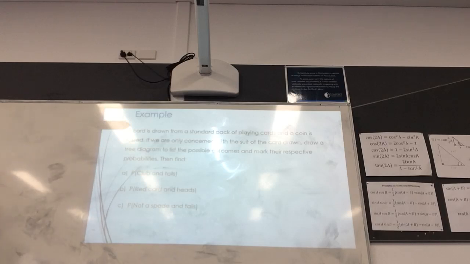Okay, so let's start with the card as our first situation. Now, with a tree diagram, it's not like a star, okay? You don't want to end up with something like this, right? You want all your branches to end in this beautiful line.